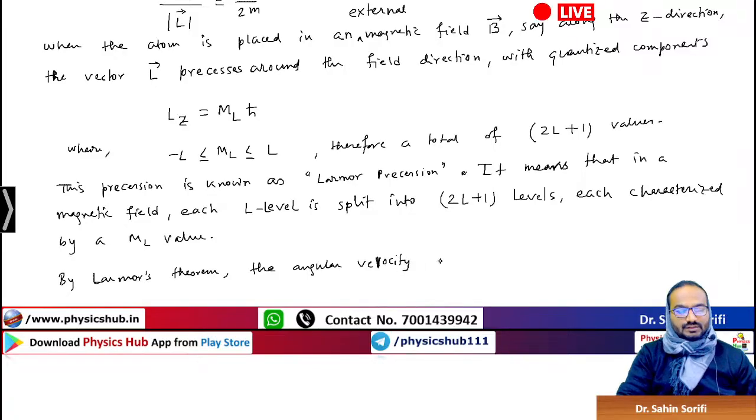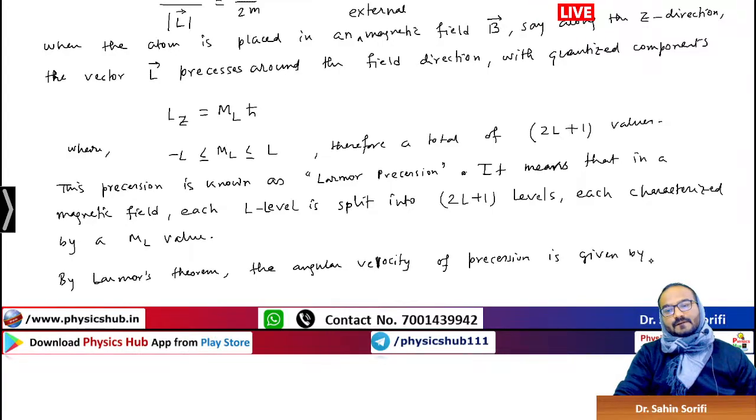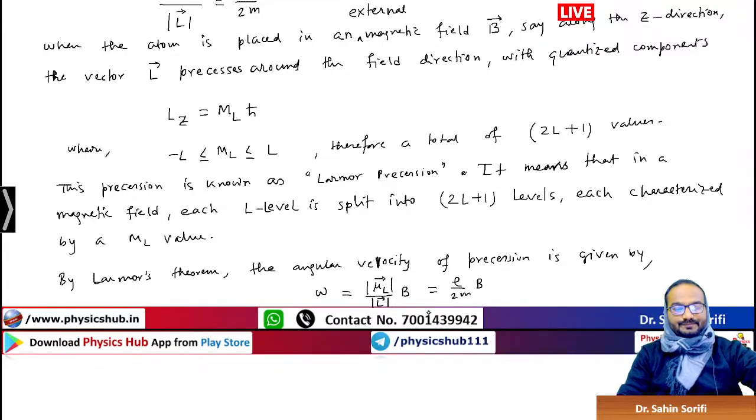The angular velocity of precession is given by omega, which is equal to the gyromagnetic ratio mu L by L times the applied magnetic field B. So this is e by 2m times B.